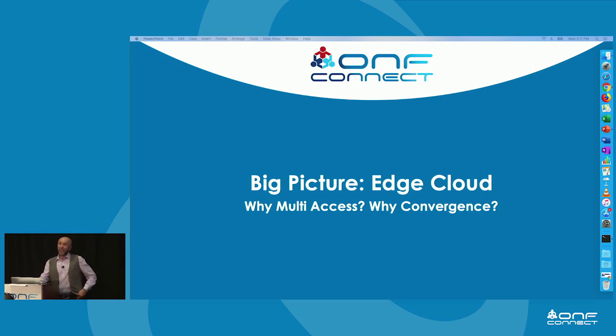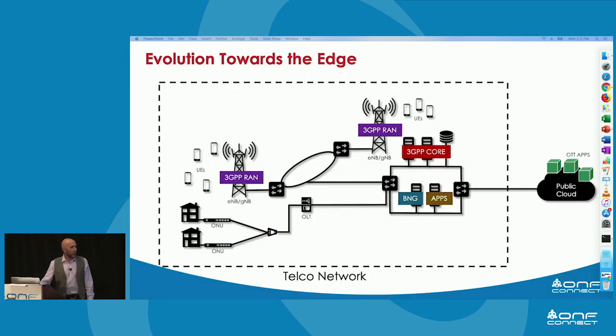So let's start by looking at the big picture. Hopefully that is going to help us understand why we are talking about multi-access and why convergence is important. If you were present at the panel, you've seen me use these slides in a slightly different context. But if you think of today's operators, most of them are going to have subscribers via multiple access technologies. Think of AT&T. They have mobile customers as well as broadband customers.